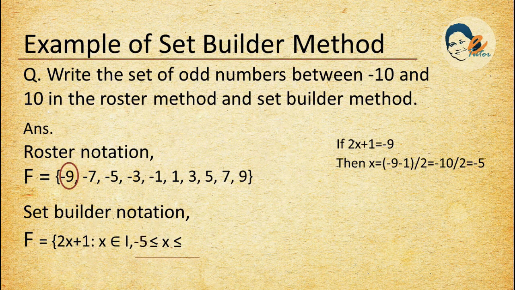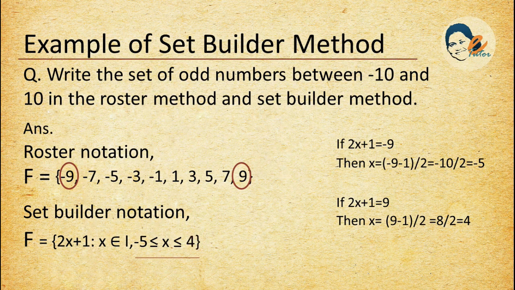Now what is the greatest value in the set? +9. So again we can write 2x plus 1 equals 9. Then x equals (9 minus 1) by 2, that equals 8 by 2 equals 4. So this 4 is the upper limit of x.